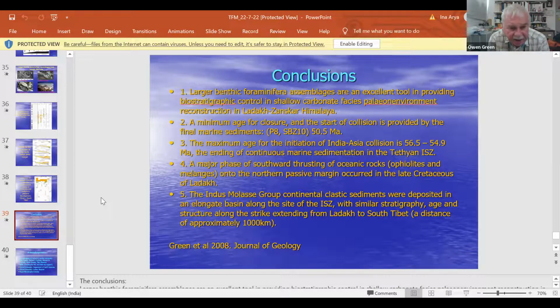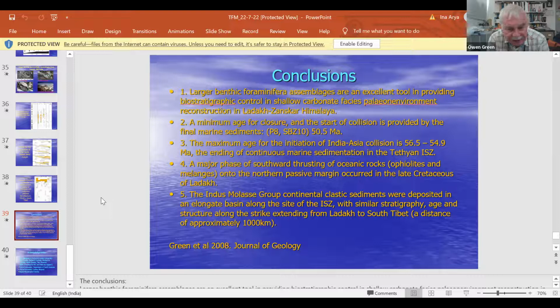We had a minimum age of closure and the start of collision provided by these final marine sediments, which we put down into the P8 or the SBZ10, and the age for that was 50.5 million years.